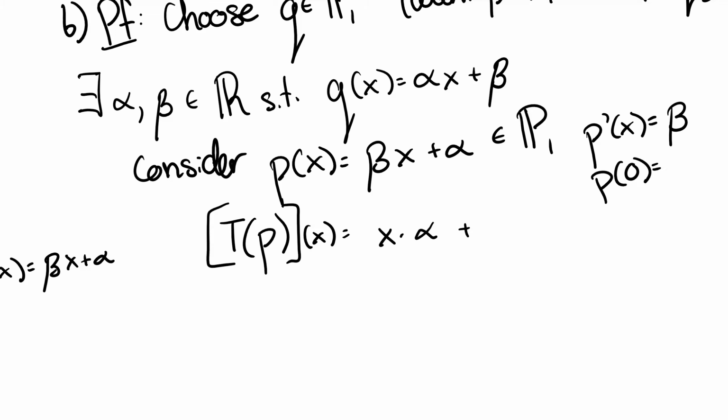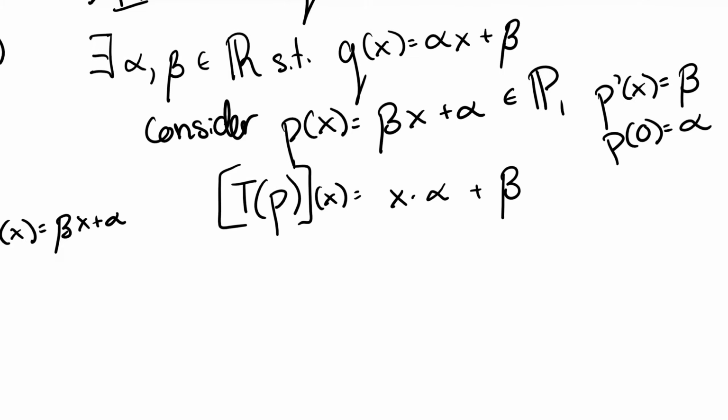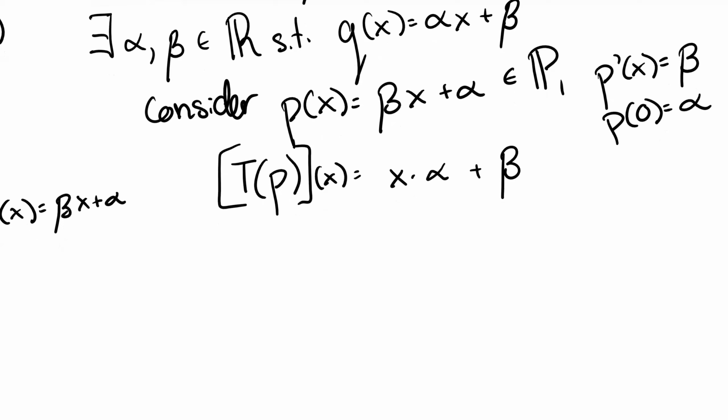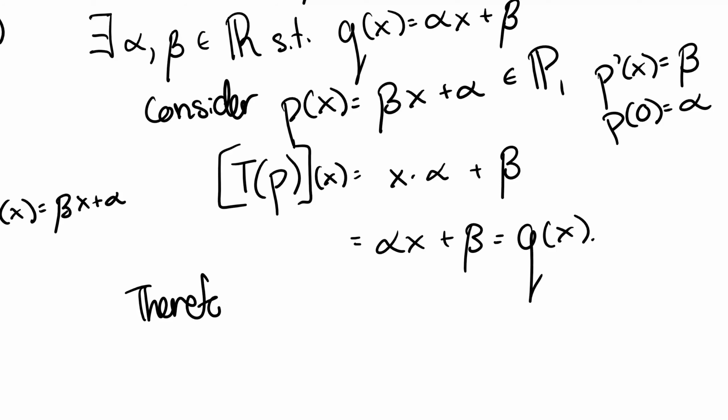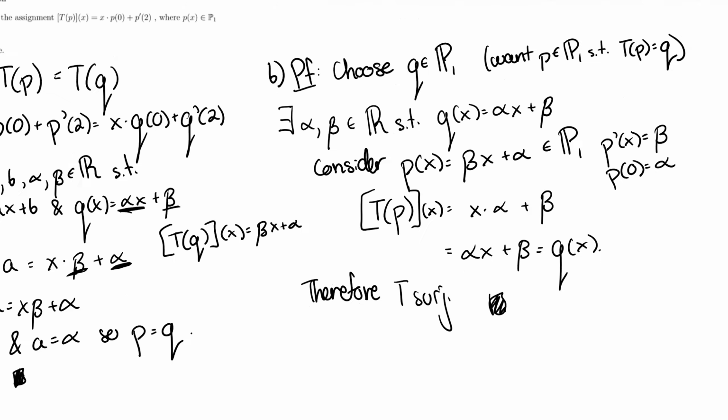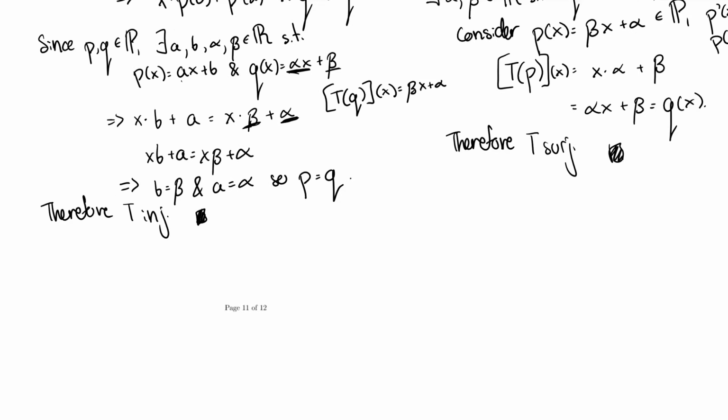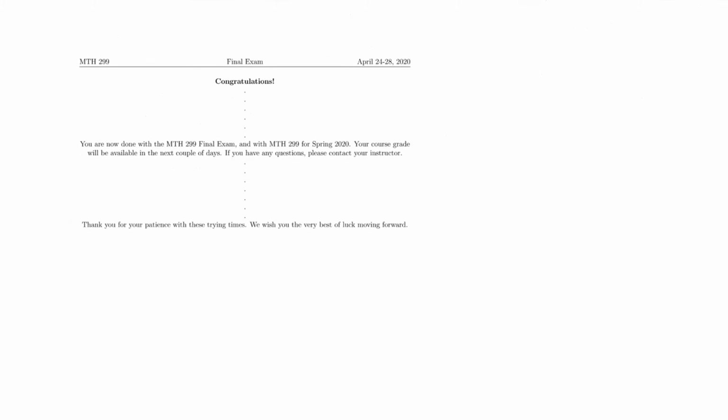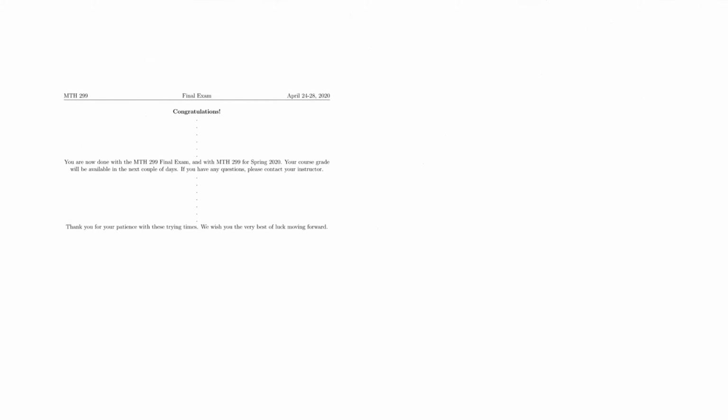P of 0 equals alpha. Cool. So this equals alpha X plus beta, which equals Q of X. Therefore, T is surjective. Yay. So that actually means that it's bijective and we could find its inverse. Congrats! Okay, excellent.